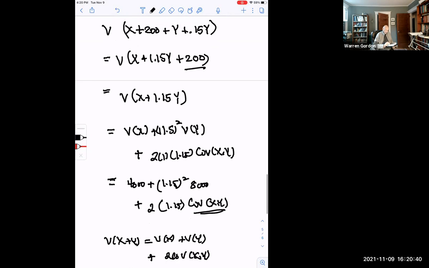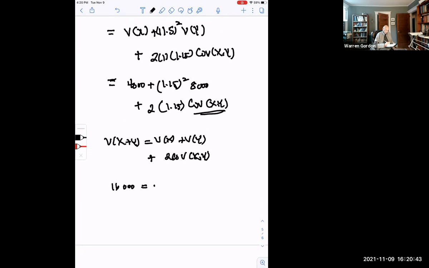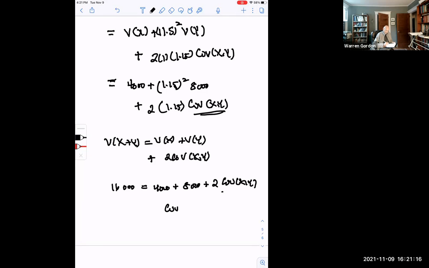V of X was 4,000. V of Y was 8,000, plus 2 times the covariance of X and Y. So 8 and 4 is 12, 16 minus 12 is 4, divided by 2 is 2,000. So the covariance of XY is 2,000.